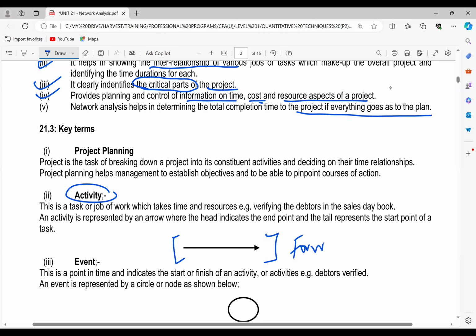This is a forward moving arrow, and I call it such because it is indeed a forward moving arrow. It is moving forwards. And the activity is a task or job of work which consumes our time and resources.